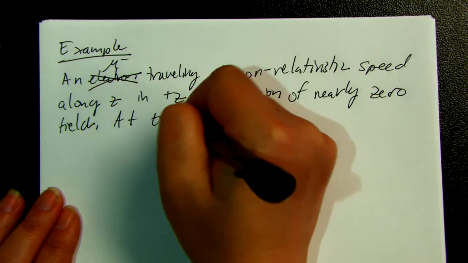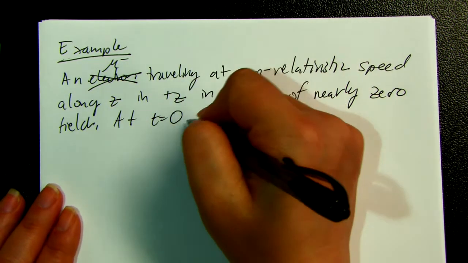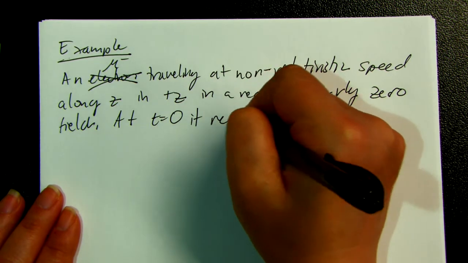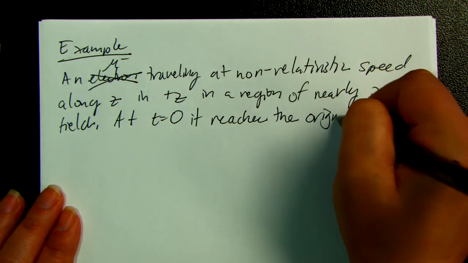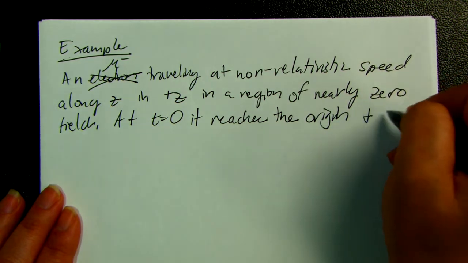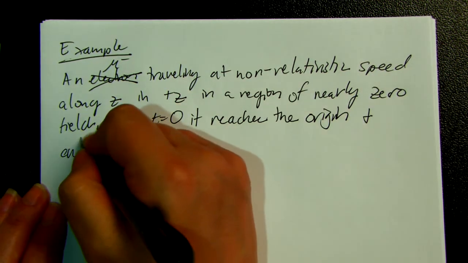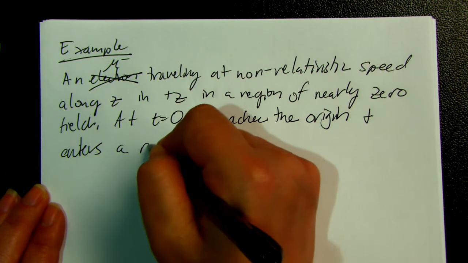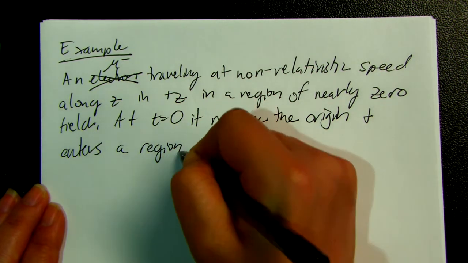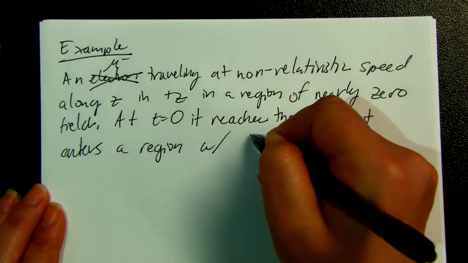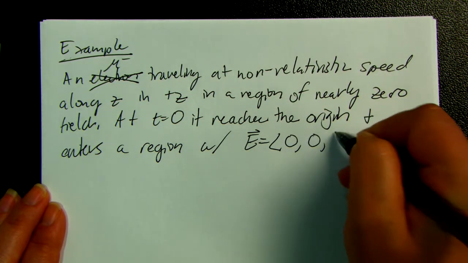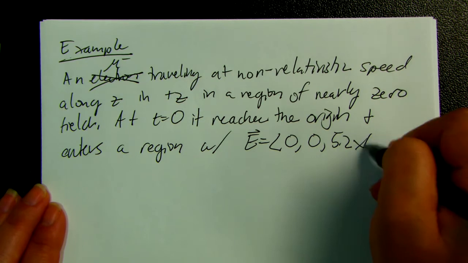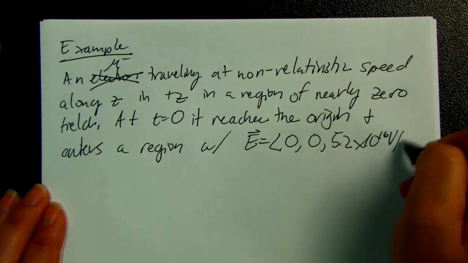At t equals 0, it reaches the origin and enters a region with an electric field of 5.2 times 10 to the 16 volts per meter.